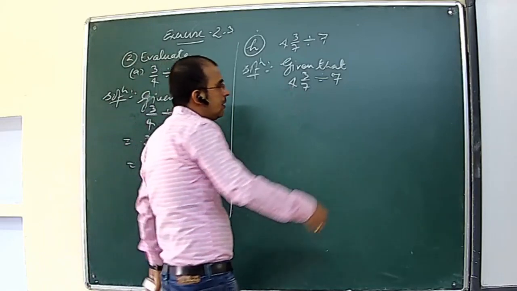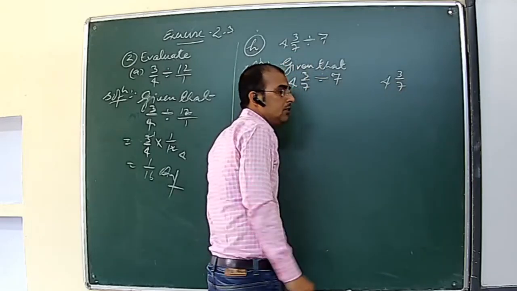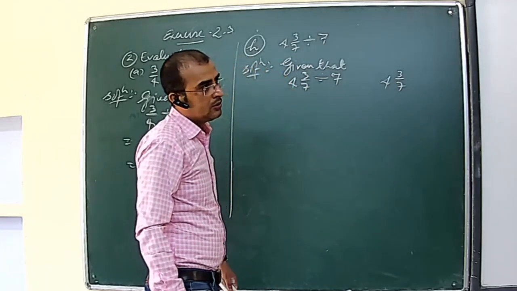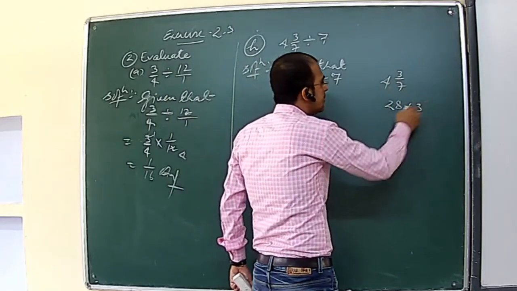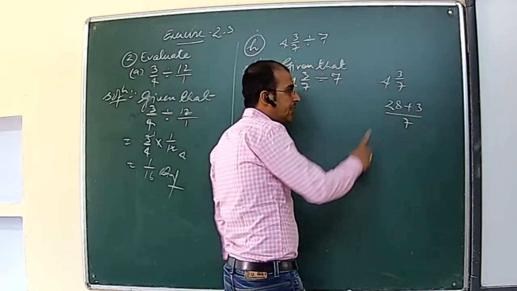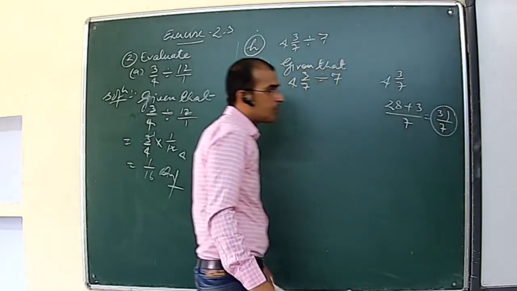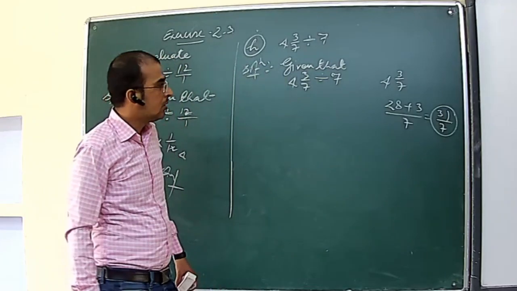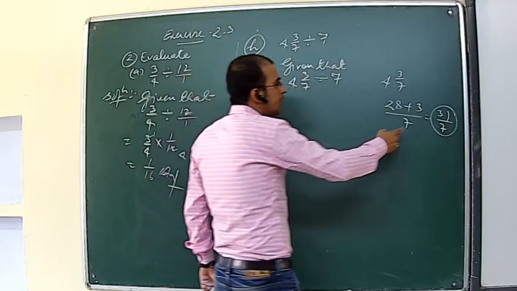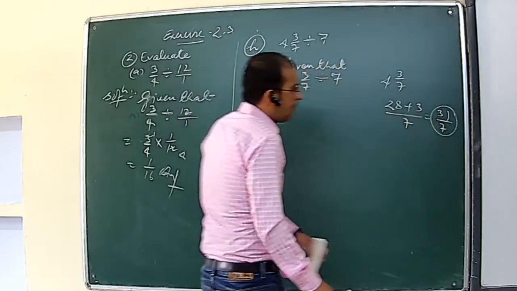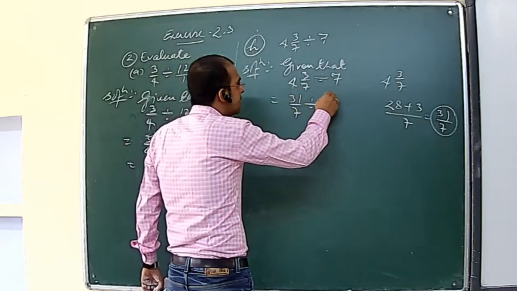So 7 times 4 is 28. Then 28 plus 3 divided by 7. 28 plus 3 equals what? 31 divided by 7. Is it clear? So we can write 4 whole 3 by 7 in the form of 31 by 7. So we can write here 31 by 7 divided by 7.